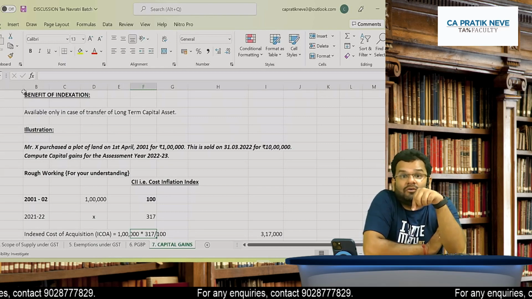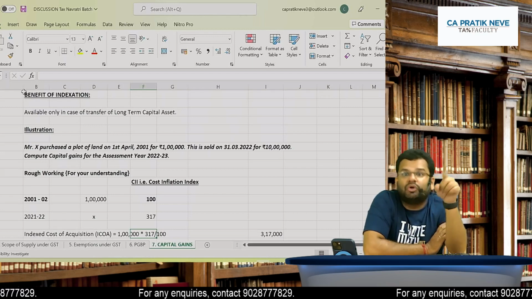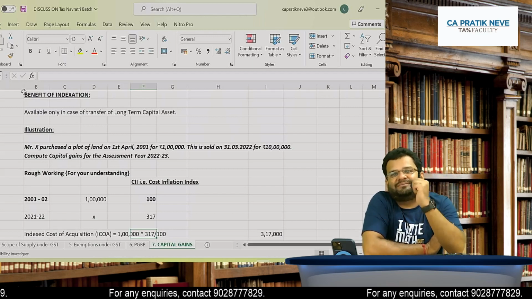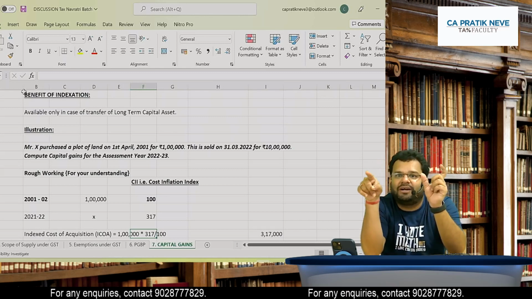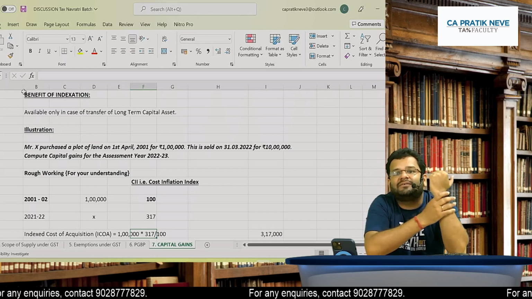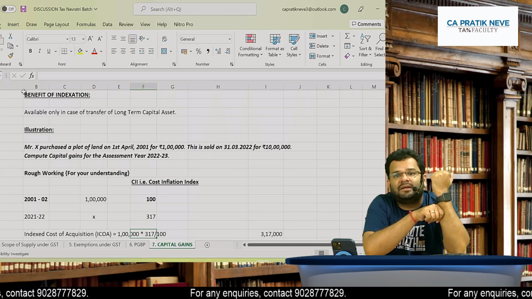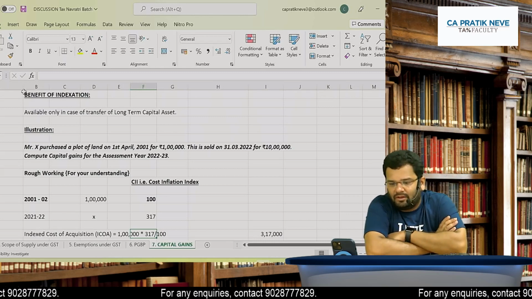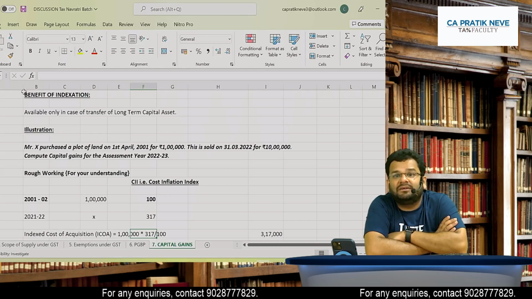So land which was for 1 lakh in 2001-2, today will be for how much? So 1 lakh is equal to 100. So how much is equal to 317? So 1 lakh into 317 upon 100, you will get 3,17,000, isn't it?